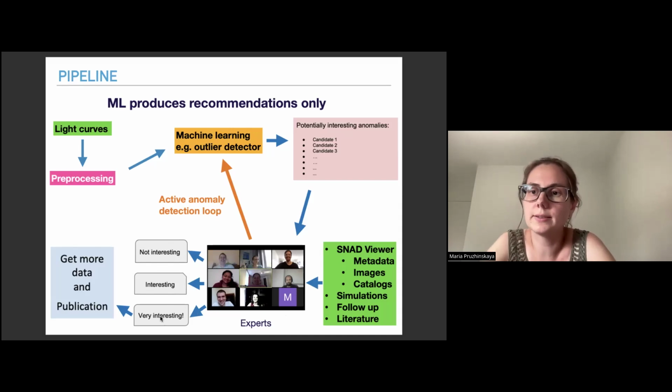In case we find some very interesting objects, we usually try to get additional follow-up observations and write a publication in the end.